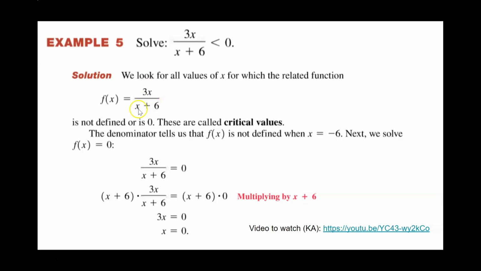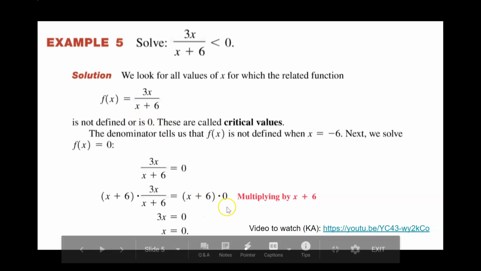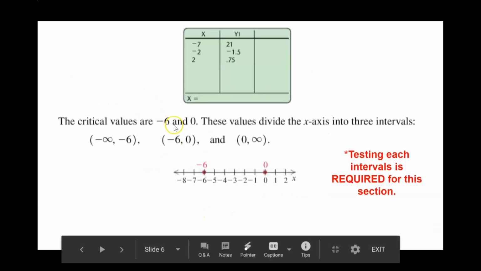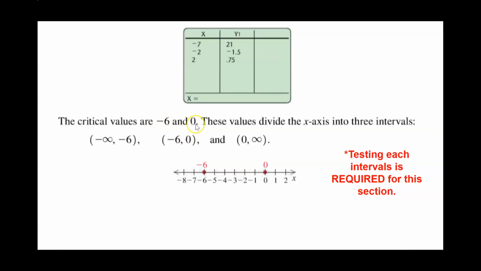If you see a fraction, you're supposed to set the bottom one equal to 0 and solve, because again, we don't want anything that's going to make this whole problem undefined. So if we put a -6, -6 plus 6 is 0, which makes 0 on the bottom, which makes the whole thing undefined. So our two zeros for this part here are -6, that came from the denominator, and then when we actually solve the problem, we got 0.